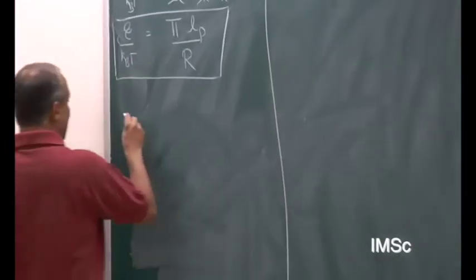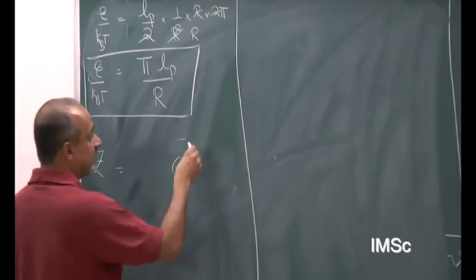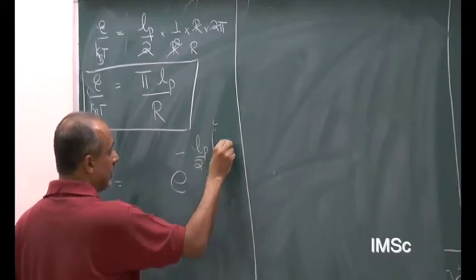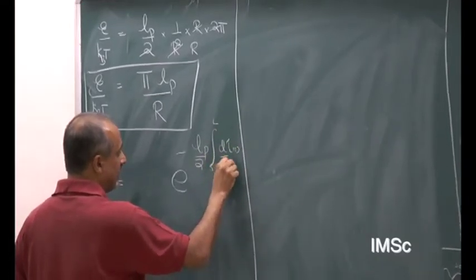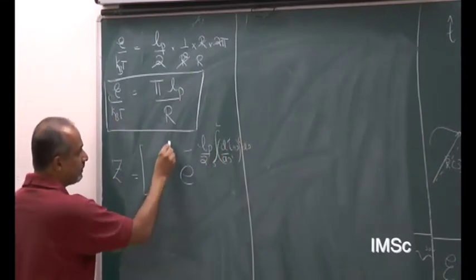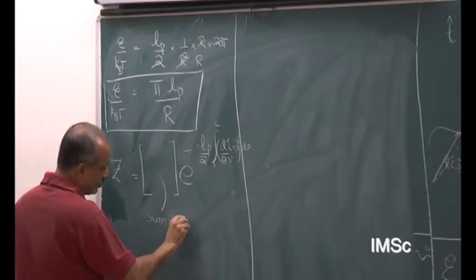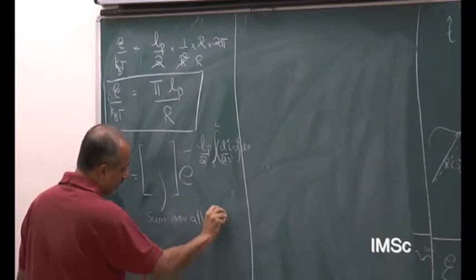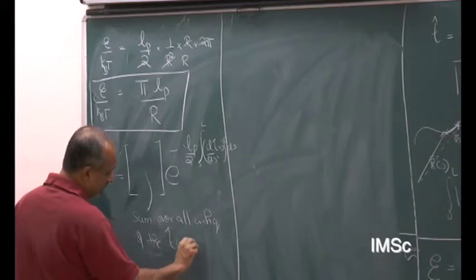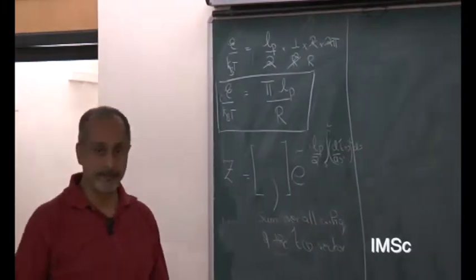The general calculation is calculating a partition function, which is the exponential of minus that particular term here, Lp divided by 2 integral 0 to L of (d t hat of s by ds) squared times ds. And what comes here is a complicated thing. What comes here is the restriction that you must sum over all configurations of the t hat of s vector. That means a sum over all shapes.